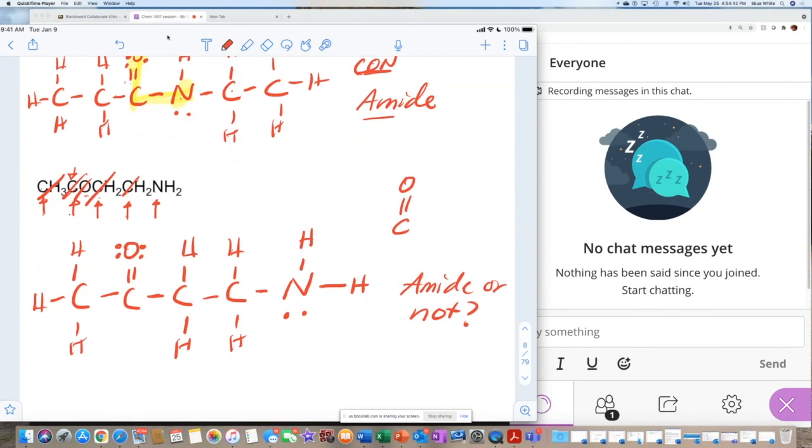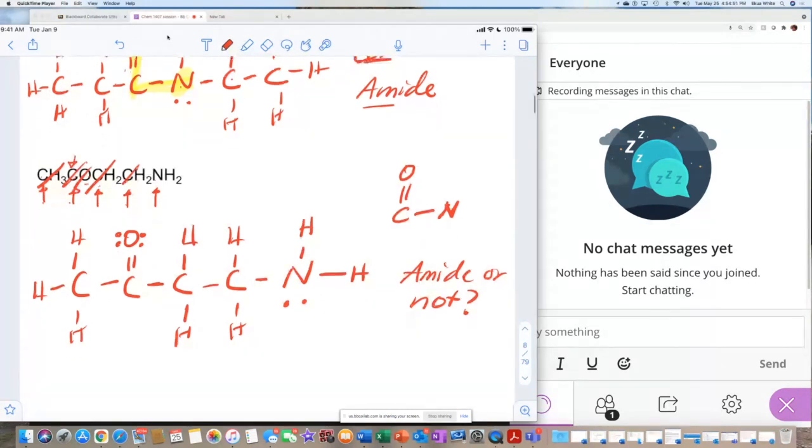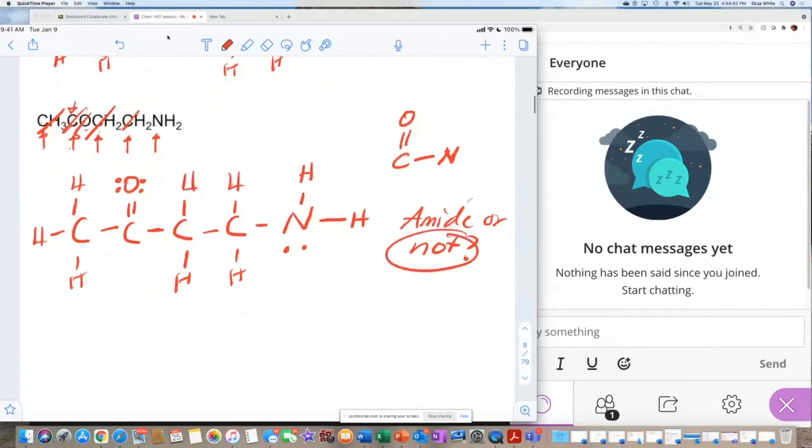We need the combination to be like this for this to count as an amide. It's not. For that reason, this is not an amide. This is an amine and a ketone. In order for us to have an amide, the carbonyl carbon has to be next to nitrogen. So let's look over here. This here is a ketone.